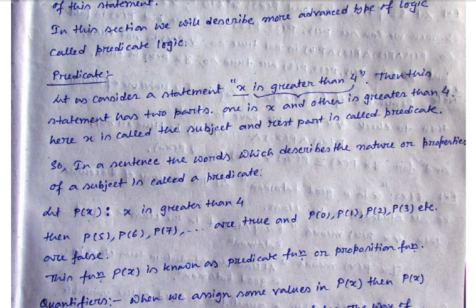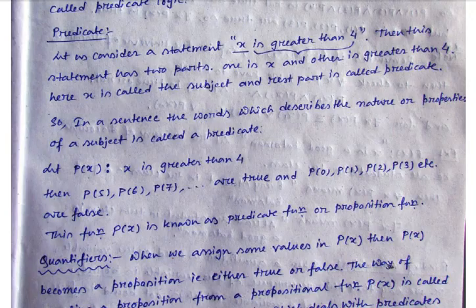Sometimes we denote this predicate as a function of x, because of "x is greater than 4". If you put 5 here, 5 is greater than 4, so this statement is correct. But if you put 3 instead of x, then 3 is not greater than 4, so it becomes false. So this total statement depends on the variable x, and we denote this type of statement as a function of x.